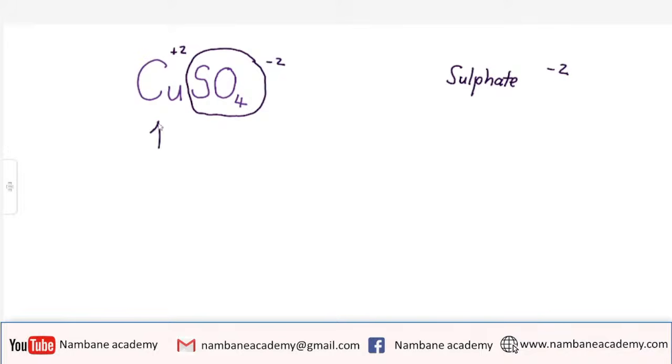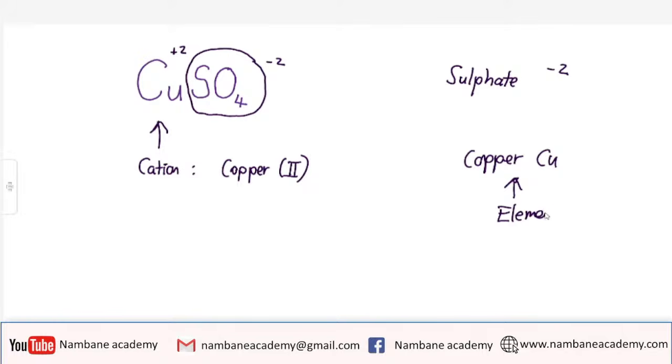So what is the cation? Your cation is copper 2, right? You can't say copper because copper is just Cu, and this is not Cu, this is Cu2+. So this one is an element, and this one is our ion, right?